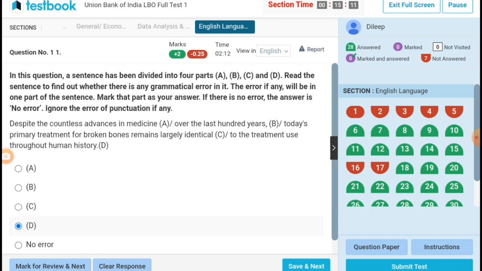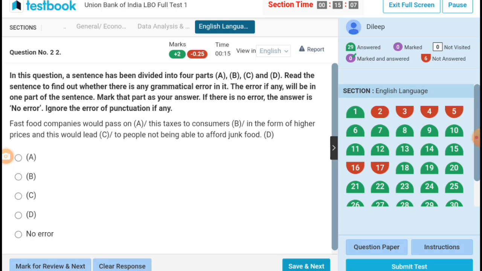I think option D. Fast food companies would pass on these taxes to consumers in the form of higher prices, and this would lead to people not being able to afford junk food.